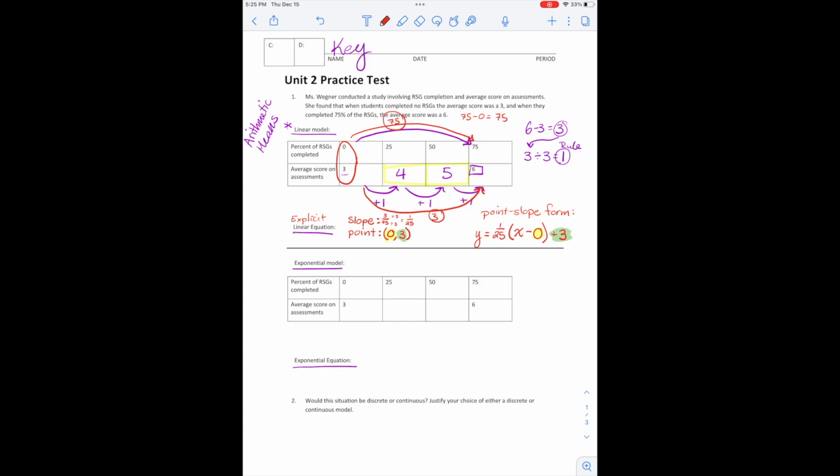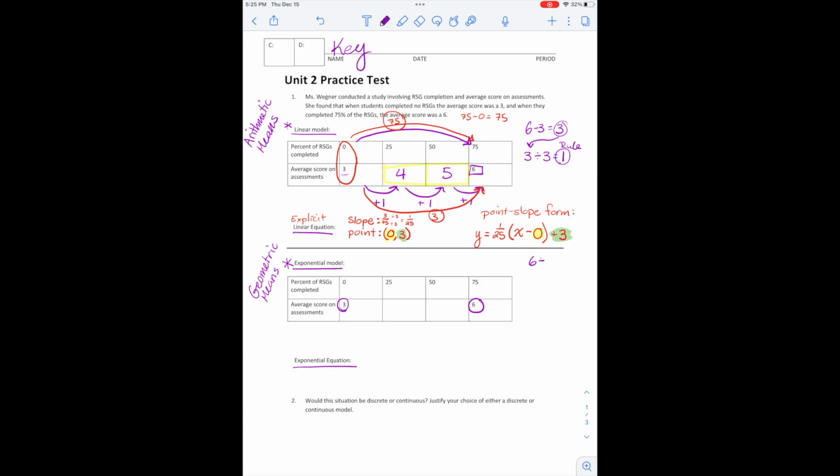Let's take a look at the exponential model. The exponential model is going to work the same way, except that we need geometric means instead of arithmetic. Remember, to find geometric means, you're taking the last divided by the first, and then raising that to the power of 1 divided by the number of jumps.